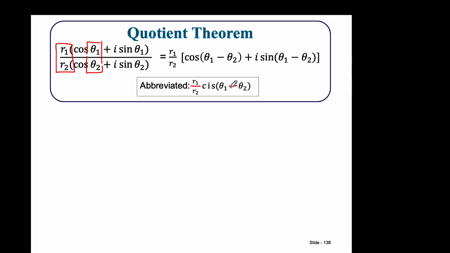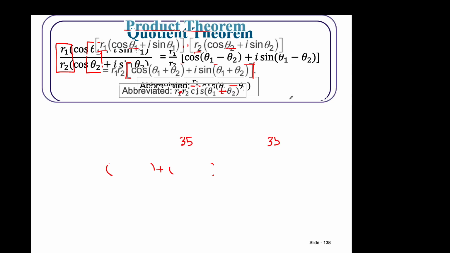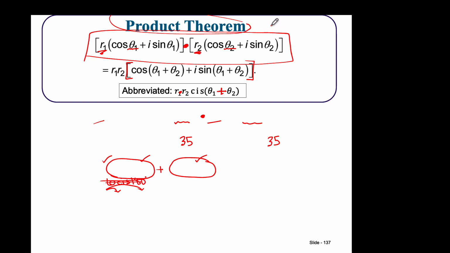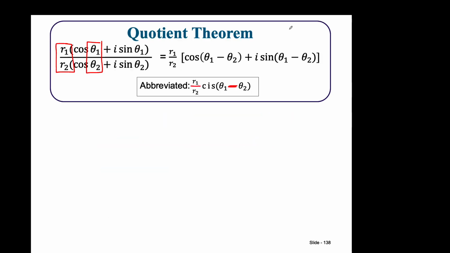So quotient and difference. Contrary to the product theorem, for that one we did product and sum. Okay, so product theorem, think product of the r's, sum of the angles. Quotient theorem, think quotient of the r's, difference of the angles.